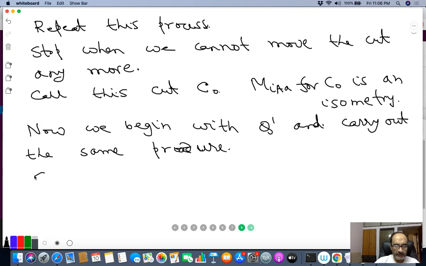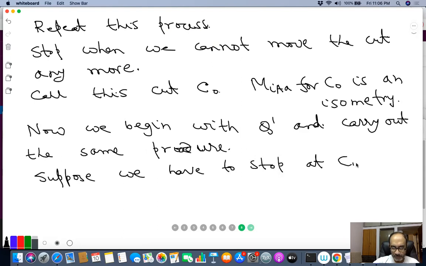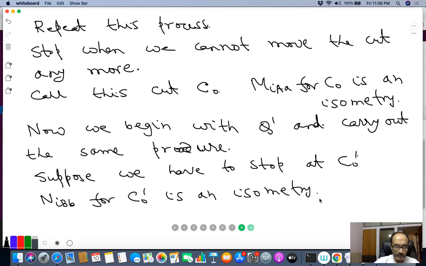And suppose we have to stop at C naught prime, and it is again guaranteed that N for C naught prime is an isometry.